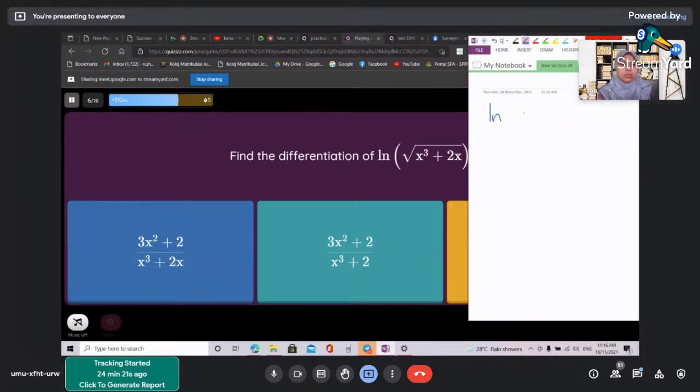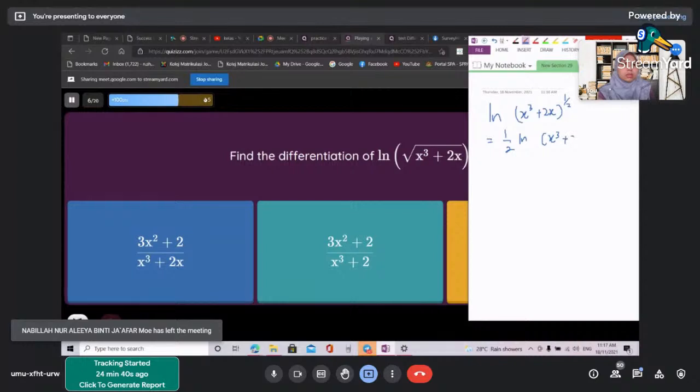You need to change into power 1/2 first, and then for the power of the expression you can use law of log. So power can bring to the front, and then you can proceed with the differentiation.